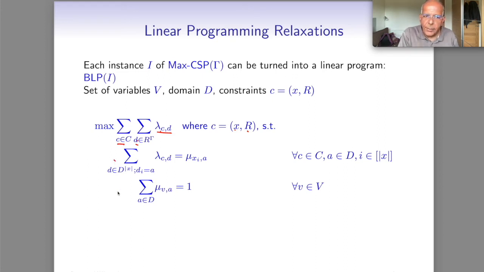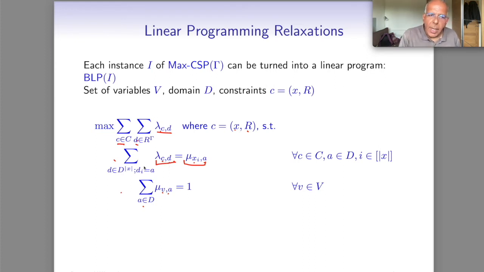And now these constraints are basic consistency requirements. This tells you that every variable is being mapped to exactly one element of the domain. If the variable x_i is mapped to a, for every x_i occurring in the constraint C, then the constraint C is mapped to the tuple of elements d.